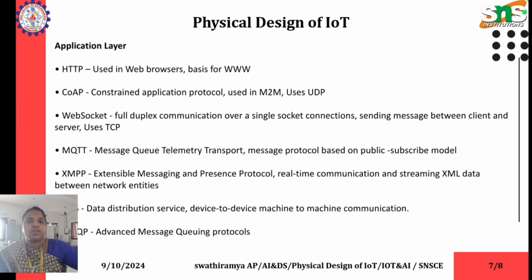It is preferable for machine-to-machine communication, which means it can be used for IoT systems. The last one is AMQP, the Advanced Message Queuing Protocol, an open standard application layer protocol for message-oriented middleware. This is also highly recommended for IoT systems. For IoT, we mostly use CoAP, MQTT and AMQP. These protocols are highly used.